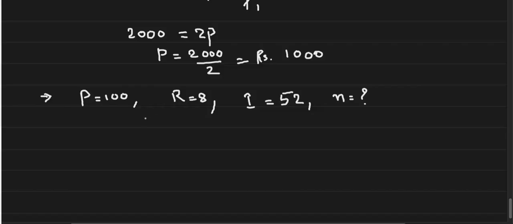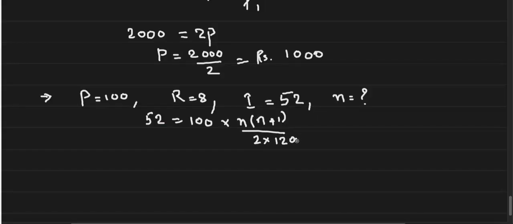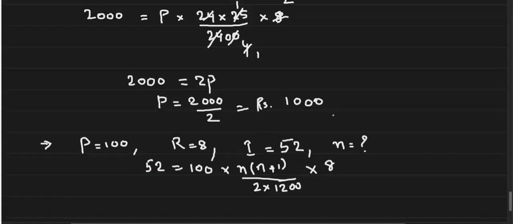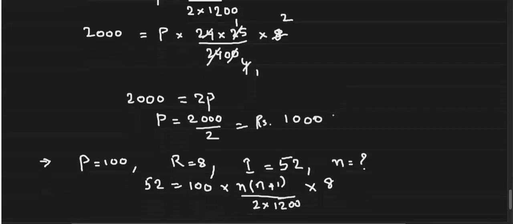So let's write the numbers directly here. 52 interest equal to 100 multiplied by N, we don't know, N plus 1, divided by 2 multiplied by 12, 100 multiplied by 8. Is it right? Correct.